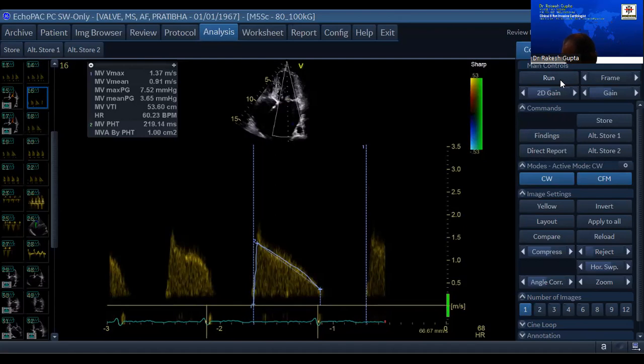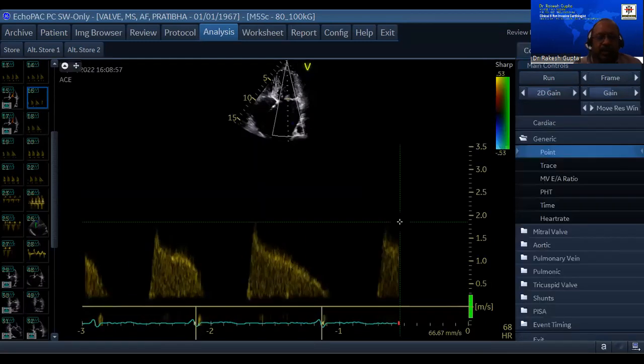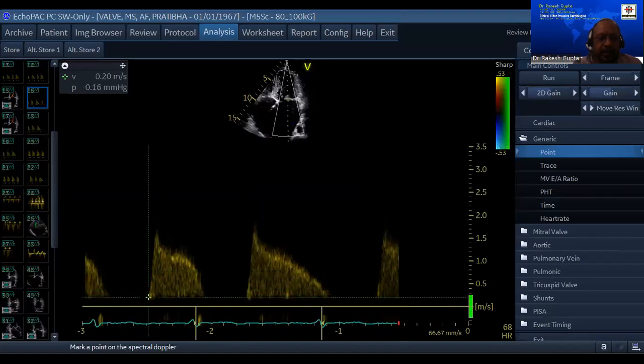Sir, we can look at the mean gradient to grade mitral stenosis. We already did that. I'm asking you a question. Look, from where I should do it. Let me just measure this pattern over here. Sir, we'll measure the slope to find the pressure half time. Wait a minute. Now you tell me where to go. I'm going to measure all this in front of you.